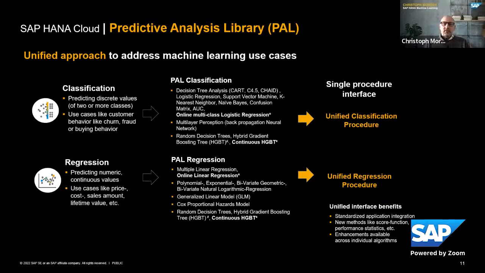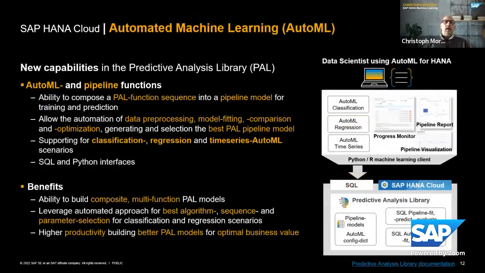But we wanted to take this to another level, providing even more productivity to the data scientist and the application developer to come up with the actual machine learning scenario and the best possible model. And for that, we have added the automated machine learning capabilities in SAP HANA Cloud.